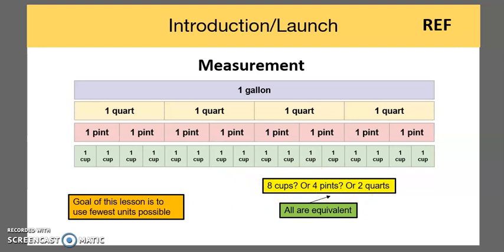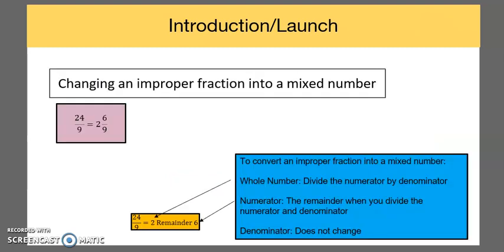We're going to go over another piece: how to change an improper fraction into a mixed number. To convert an improper fraction to a mixed number, we have a whole number, a numerator, and a denominator. To get our whole number, we divide the numerator by the denominator. For example, if we have 24 over 9, we divide 24 by 9. 9 goes into 24 2 times, with a remainder of 6.